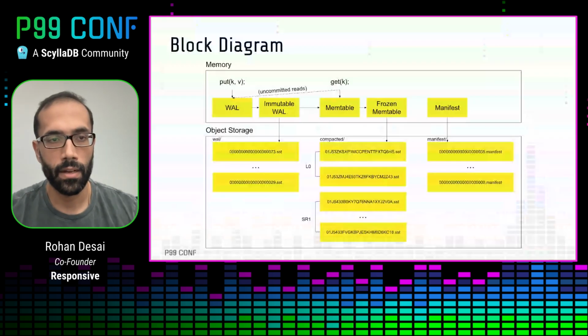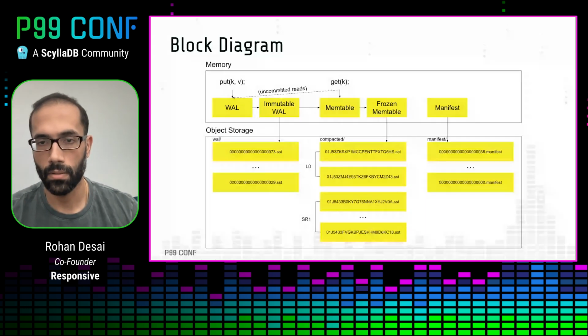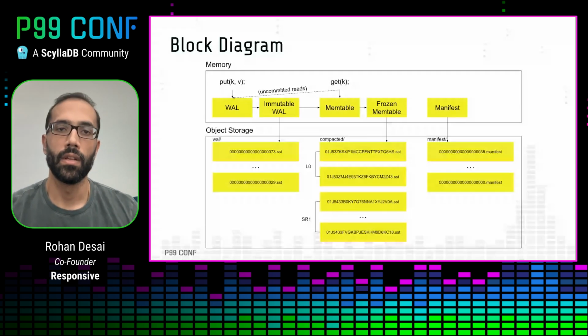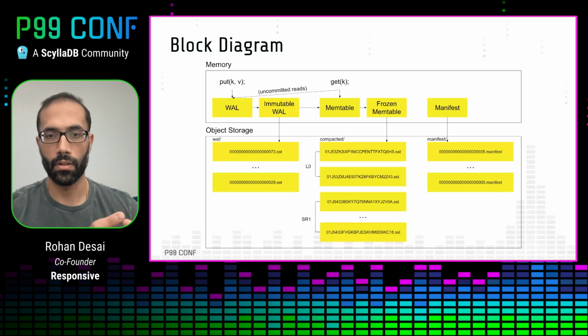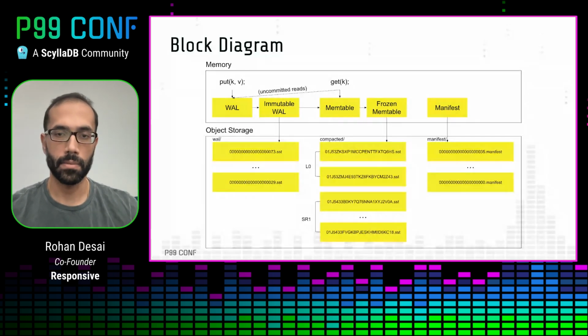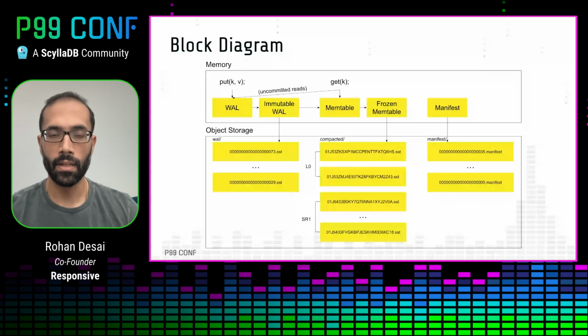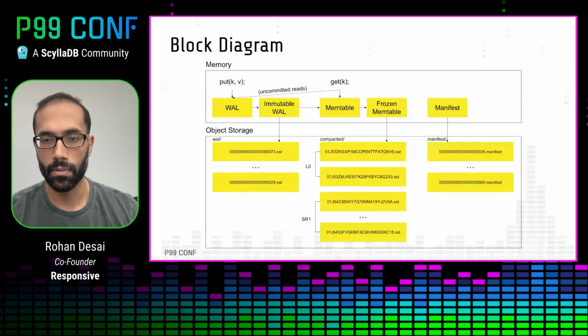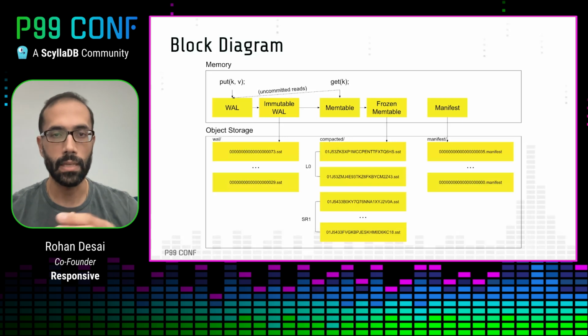So now I want to dive into how SlateDB lays data out on object store, starting with what we call the manifest. So the manifest contains all of SlateDB's metadata. This includes, primarily, a list of all the other object store objects that make up the database. Each of those objects is an SST, which stands for sorted string table, which is basically just a big list of key value pairs that are ordered by key.